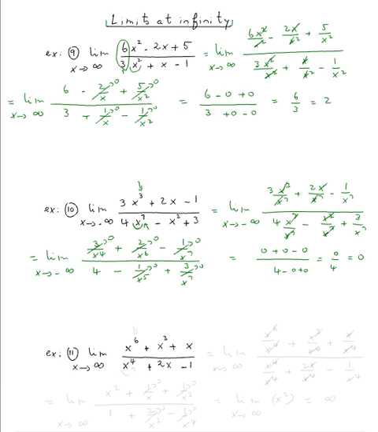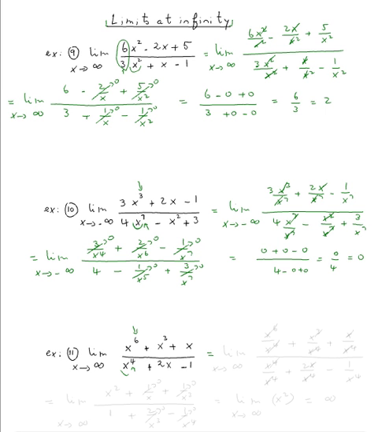Now for example 11, this is another different example. There's only 3 types. Now the degree of the numerator is bigger. See, the degree of the numerator is 6, the degree of the denominator is 4. But we're still going to use the same method. So we're going to divide both by x to the 4th.